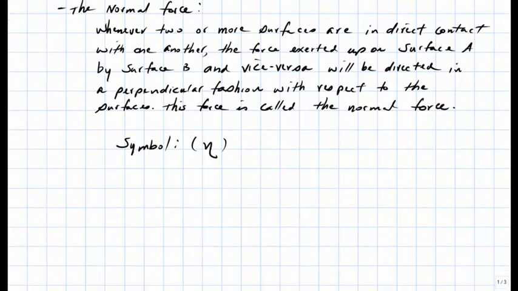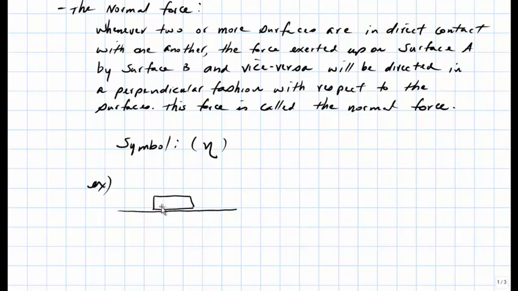Let's discuss several examples. For instance, let's assume that we have a block that's in direct contact with the floor. And so we have two surfaces that are directly in contact with one another. And the question is, what will be the nature of the normal force between the floor and the block?